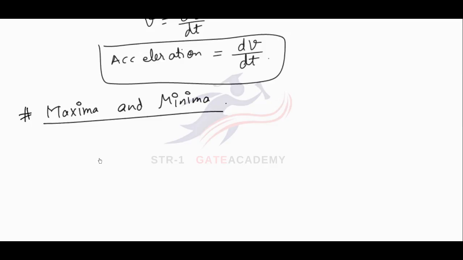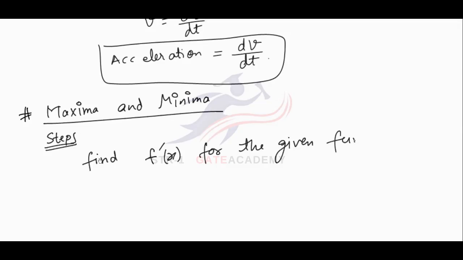Maxima and minima value, right? We have again studied this in earlier standards. Very simple logic. For example, steps. How will you find out? First find f dash x for the given function f(x).